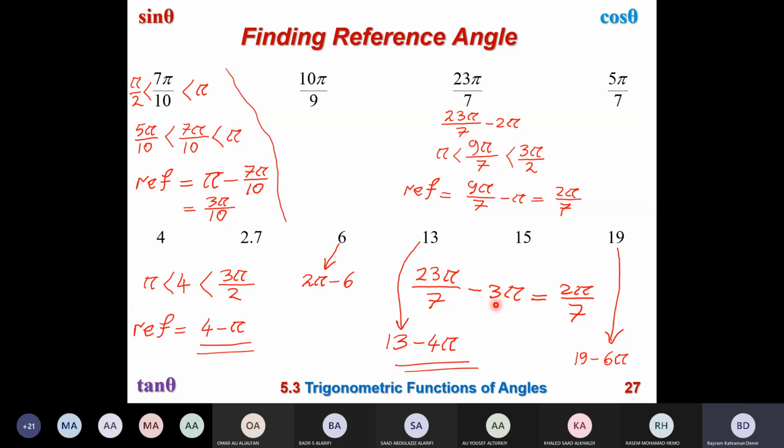But for the reference angle, we can subtract 3 pi because I'm looking for a reference, not a coterminal. So if you subtract 3 pi, you will find the reference angle without going to the coterminal first and then finding the reference of the coterminal. Just subtract 3 pi, Shabab. If this is not confusing for you, it is pretty short, right, to find the reference?